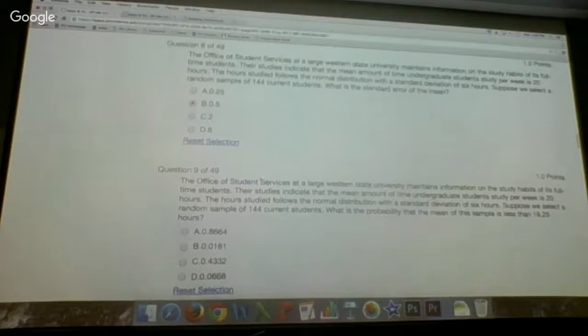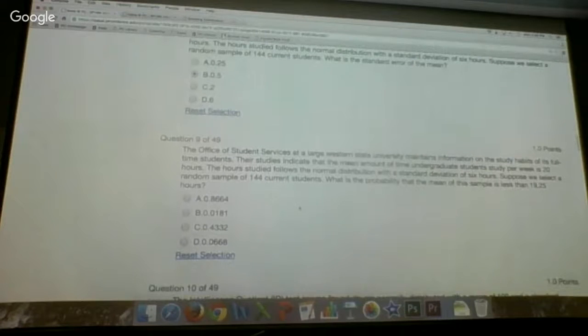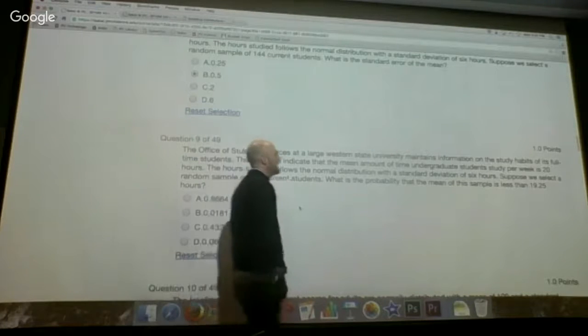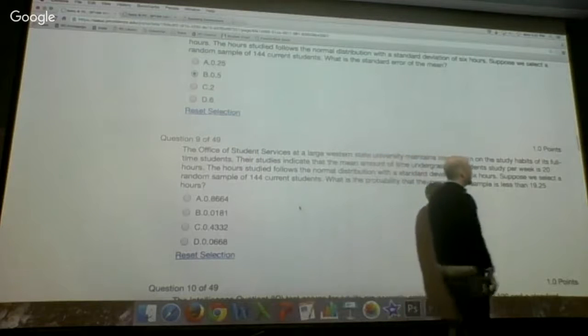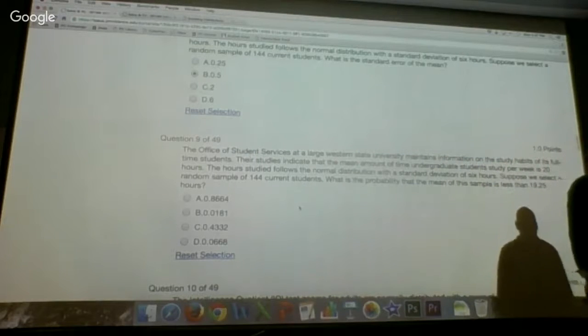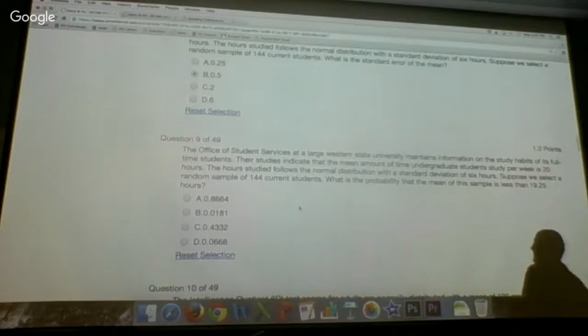Number 9. The Office of Student Services, etc. Now we're asking the question, what is the probability that the mean of this sample is less than 19.25 hours? We now have a population mean of 20. We have a sample mean of 19.25.